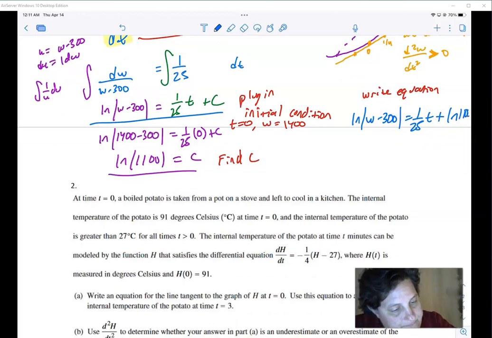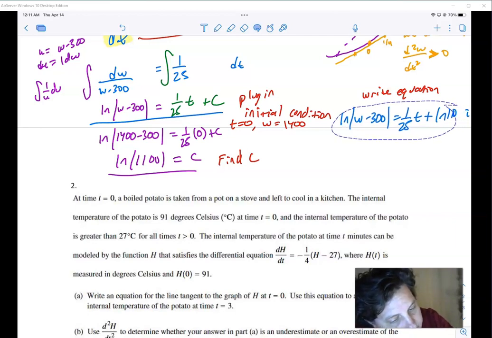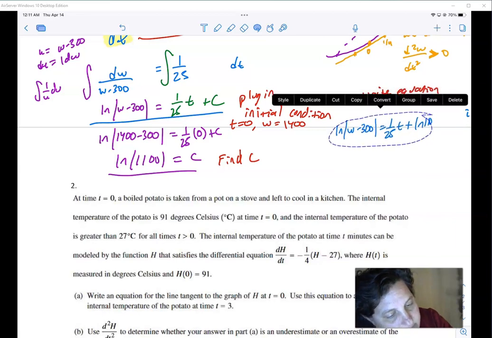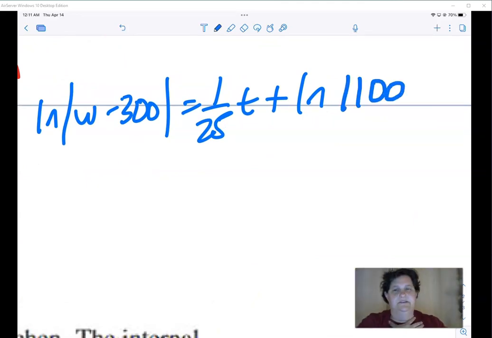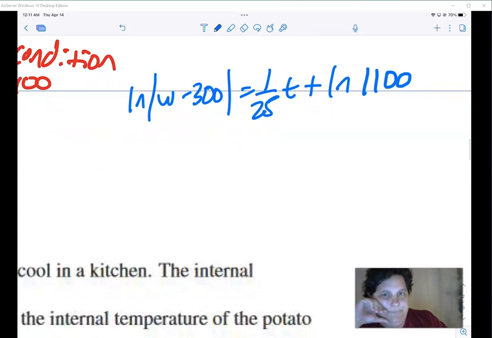All right? Now I need to solve for w. Let me fix that, you guys. Okay, we're just about solving this right now. That was ln of 1,100. I can drop the absolute value since it's a positive number now. Okay, solve for w. Let's take this apart one thing at a time.